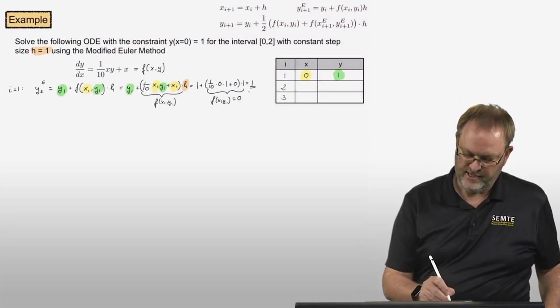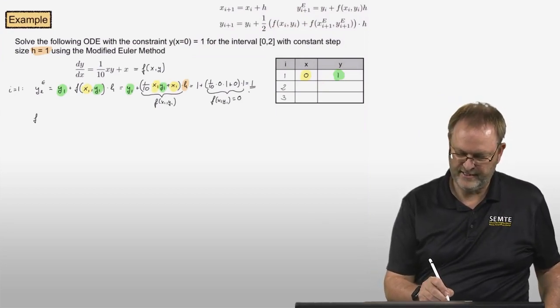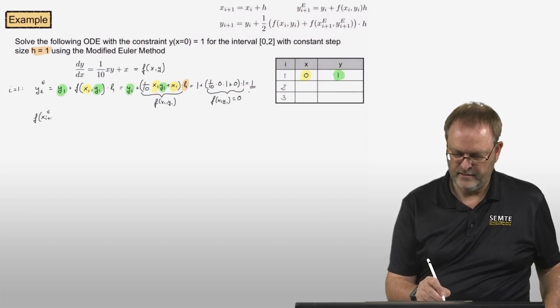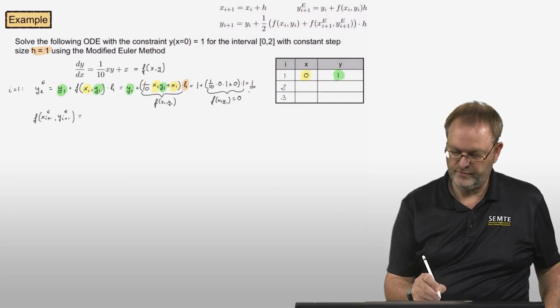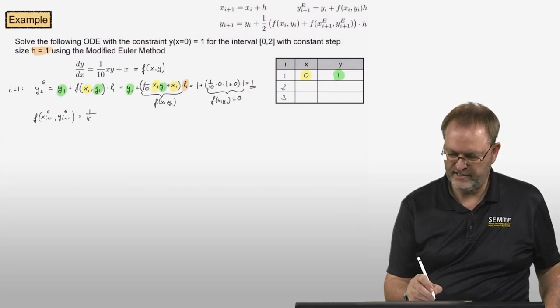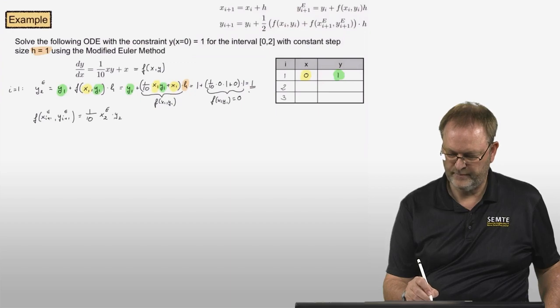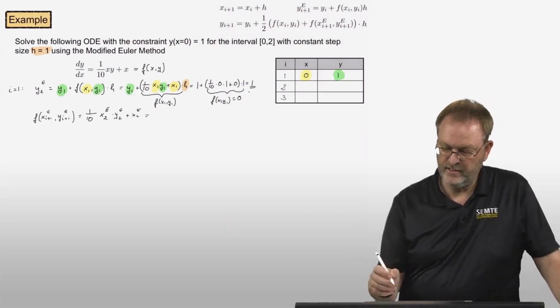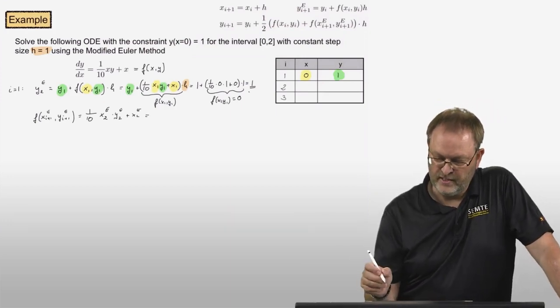And now I need to evaluate f at xi plus 1 Euler, yi plus 1 Euler, which is equal to 1/10 x, right, i is equal to 1, so x2 Euler times y2 Euler plus x2 Euler.